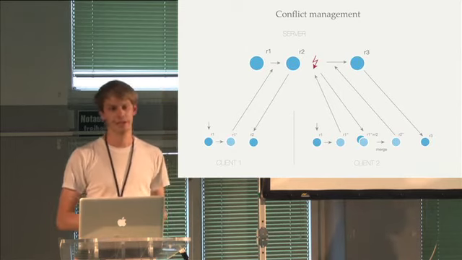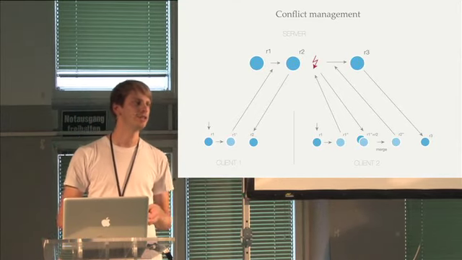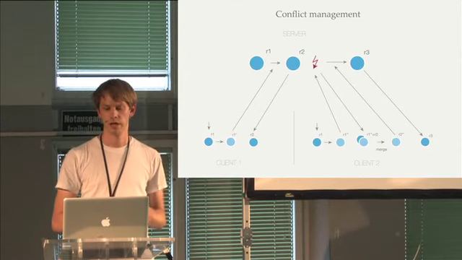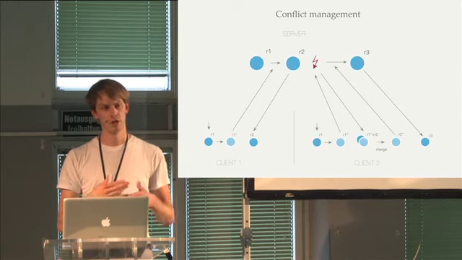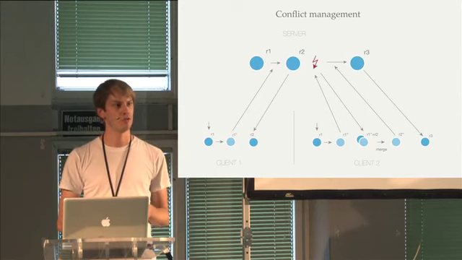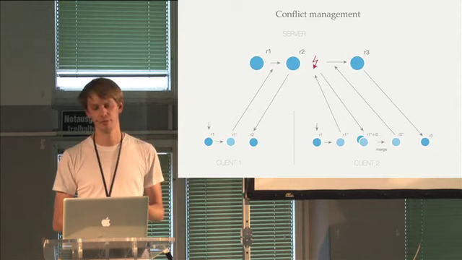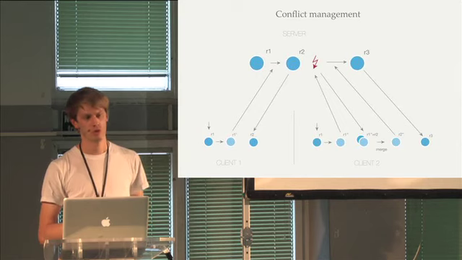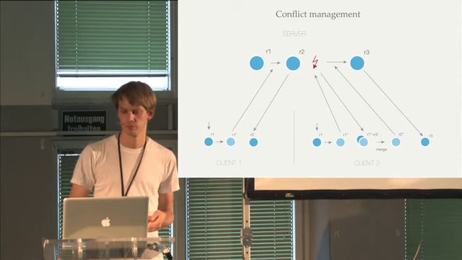What happens in the Data.js case is that the server returns the newest revision it knows. And the client then has to deal with this conflict scenario. He has to resolve the conflict himself. So basically, you have to implement a merge strategy to deal with this scenario.